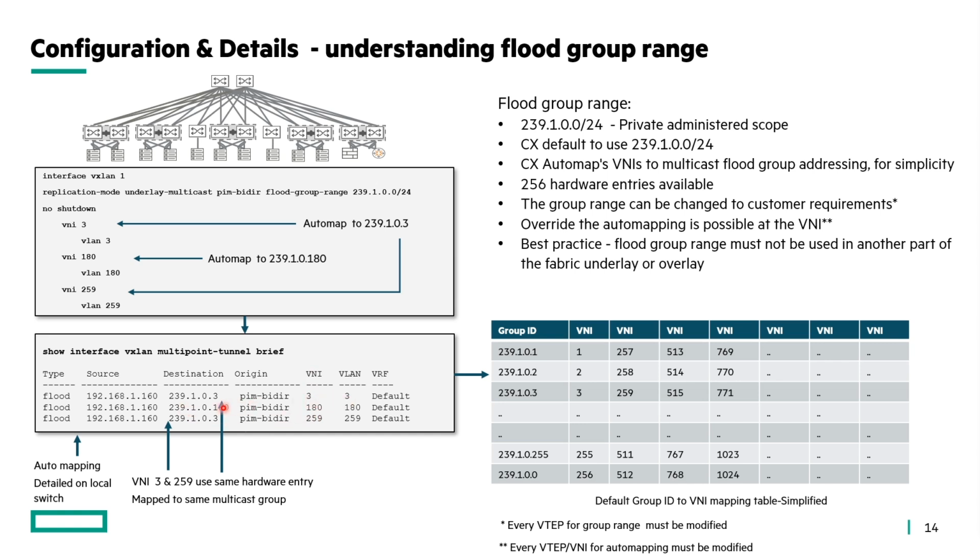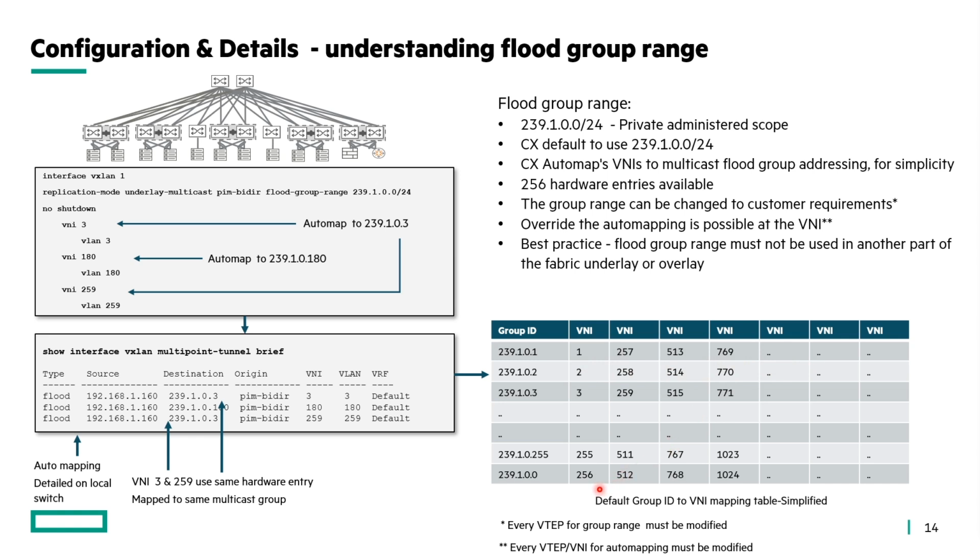Now we can also see this by looking at the VXLAN multipoint tunnel brief, and we can see that VNI 3 is mapped to 239.1.0.3, as well as VNI 259 is also mapped to 239.1.0.3. And for simplicity, I've provided a table which shows all the VNI to multicast group mappings, and we can see, for instance, that 239.1.0.1 is mapped to VNI 1, 257, 513, 769, and so on, all the way down.